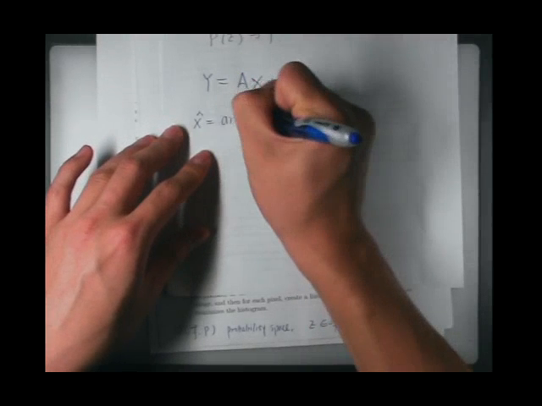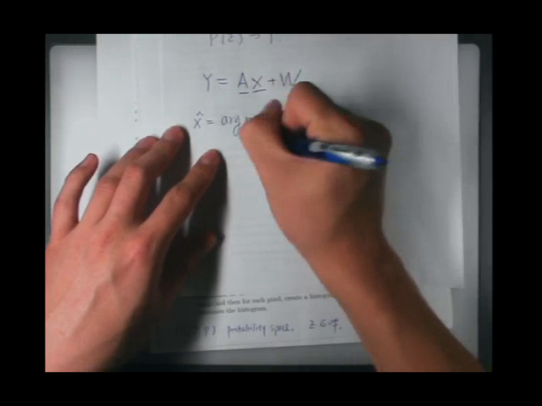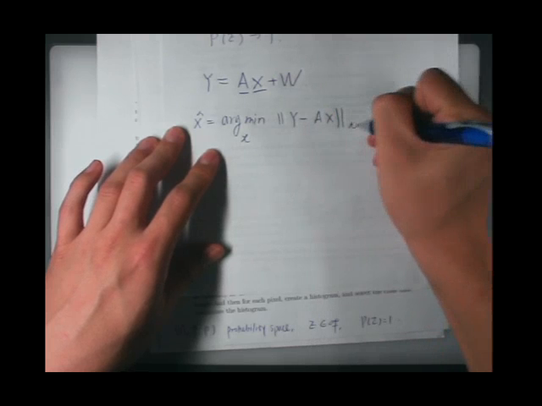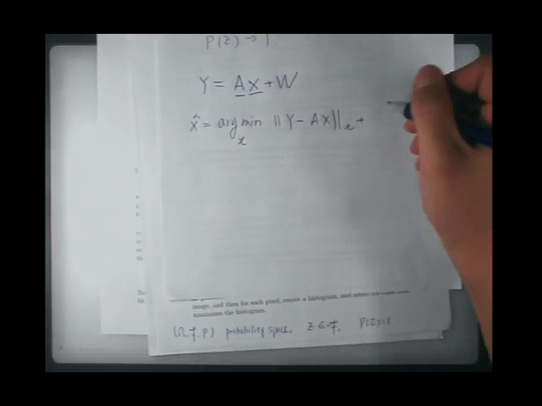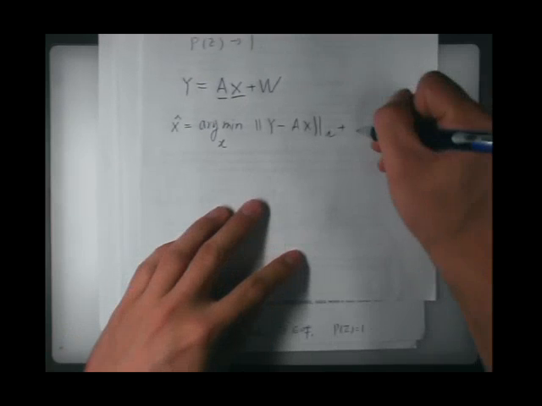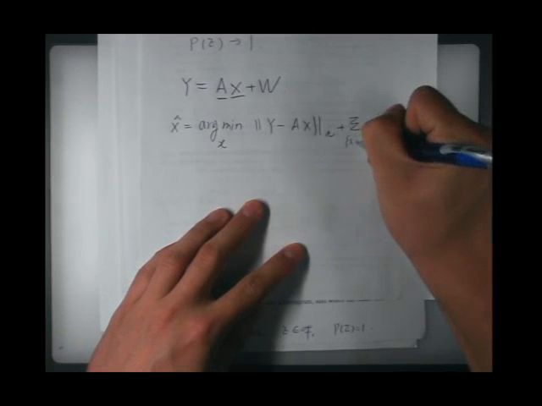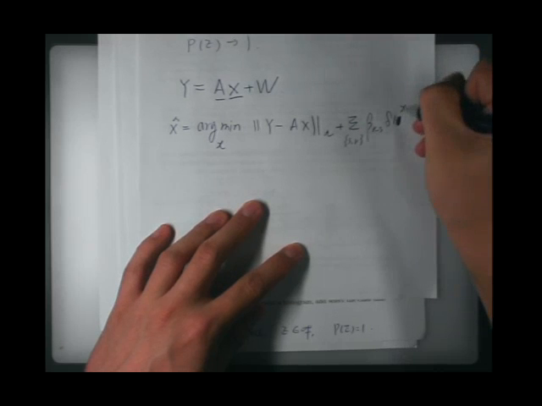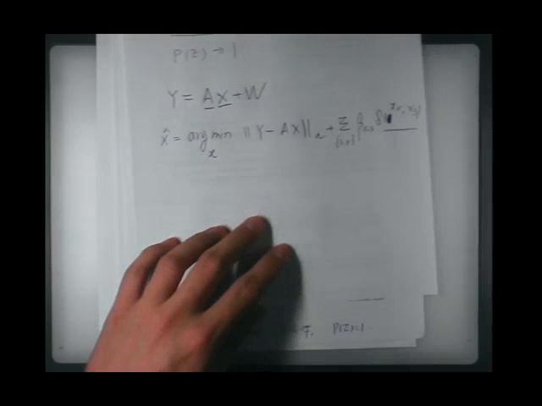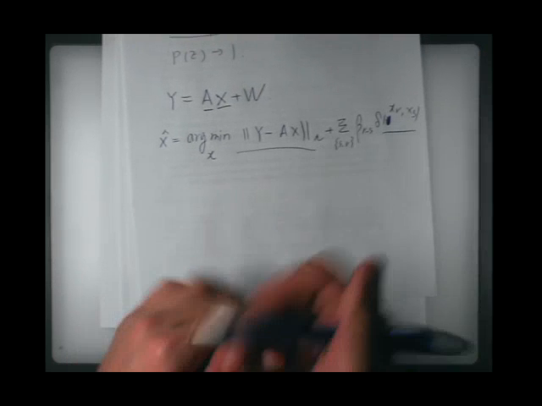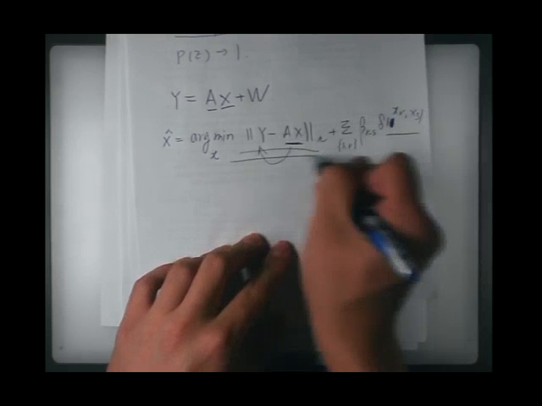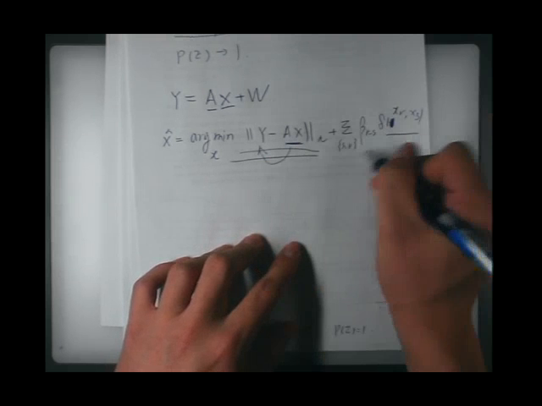The estimate equals to, we have two terms. This term tries to fit the unknown x to the observation y. This is the likelihood term. And this is the regularized term.